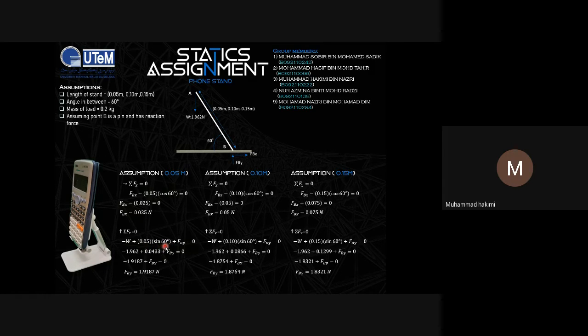For the weight, we already know the mass of load is 0.2 kilograms, multiplied by 9.81, and we get negative 1.962. Plus both of the forces, we get negative 1.9187. Bring it to the other side, and the reaction force at B on the y-axis is 1.9187 Newton. Thank you.